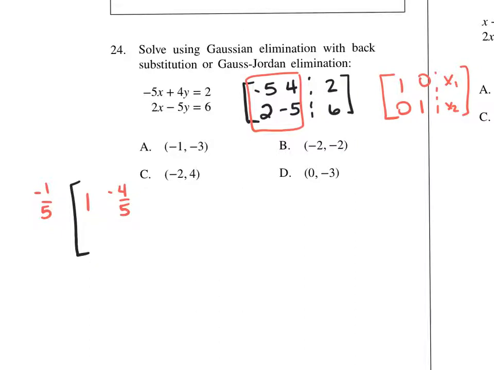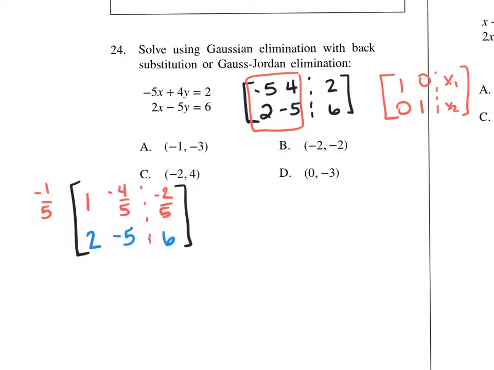And 2 times -1/5 is -2/5. Second row, I'm going to leave exactly the same as it is right now, which is 2, -5, and 6.